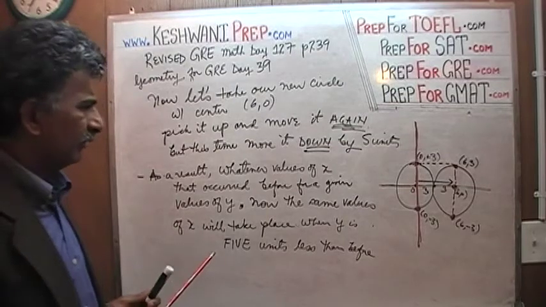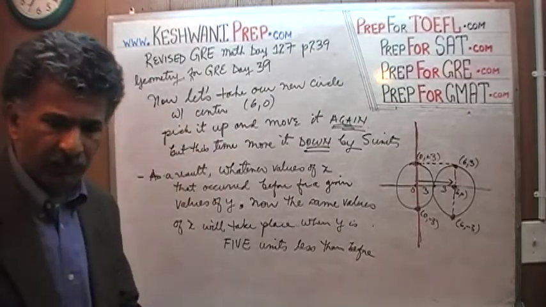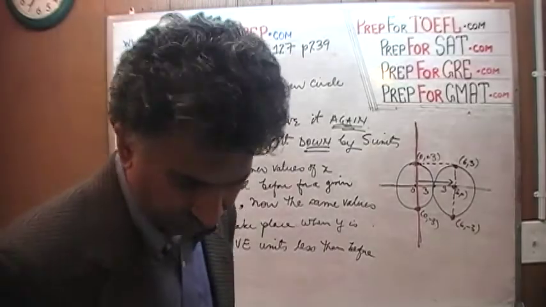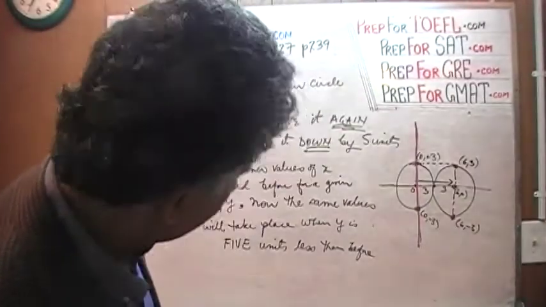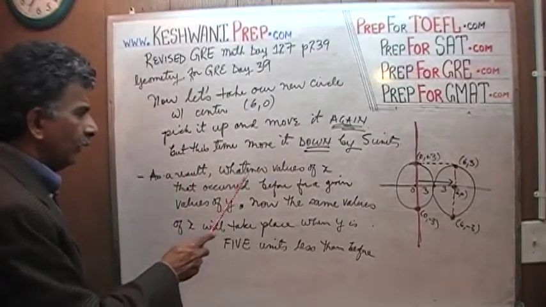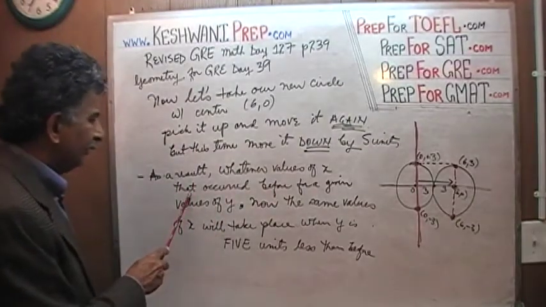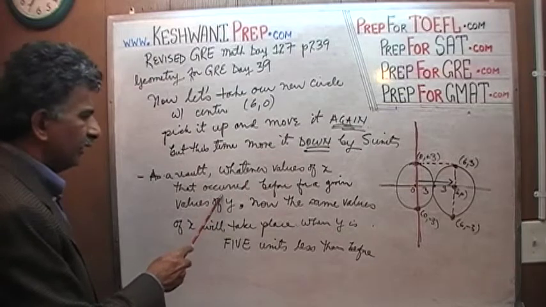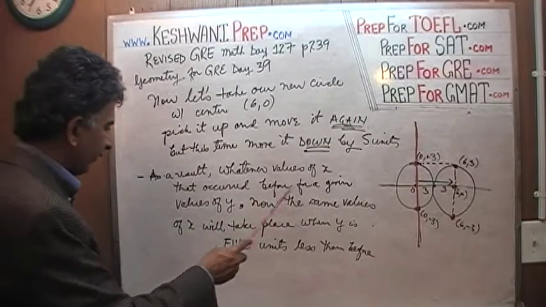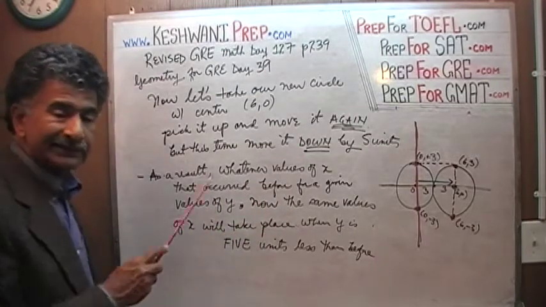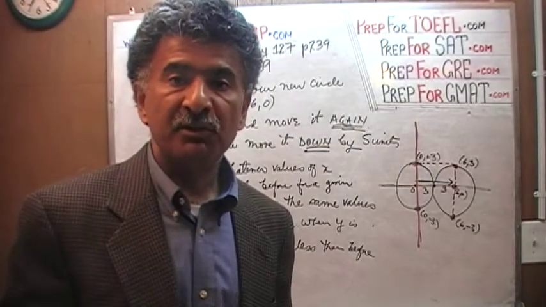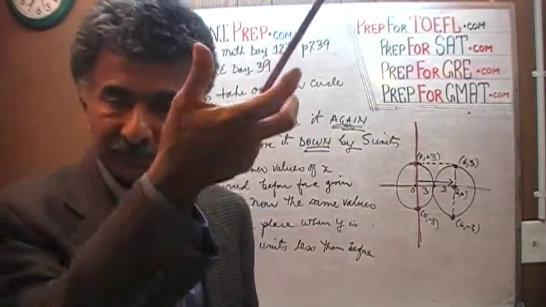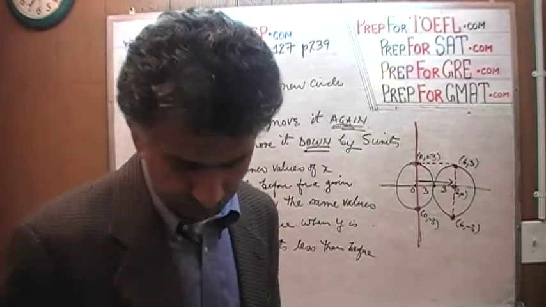I was right before, because even though the radius is 3, it's been pulled down. That's the whole point. So one more time I'm going to read it slowly. As a result, whatever values of x that occurred before for given values of y, the same values of x will occur now for values of y which are 5 less than before, because it's been pulled down by 5 units.